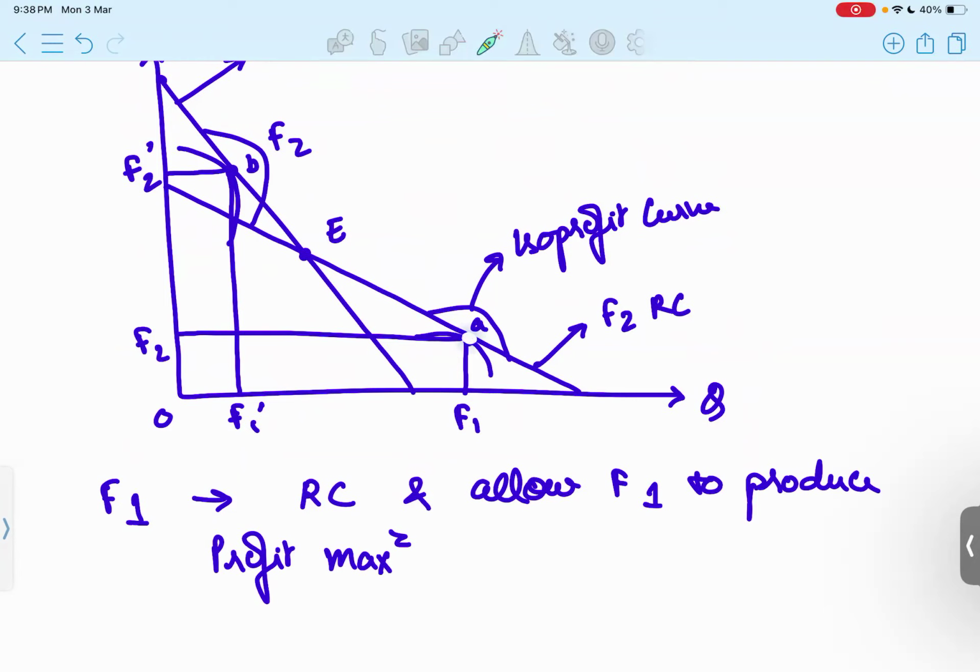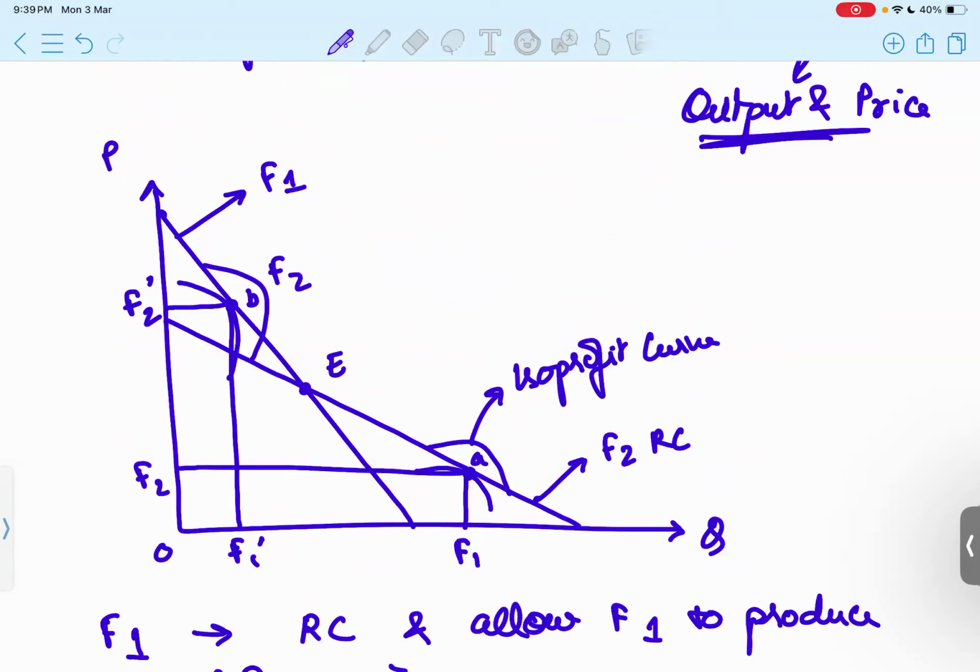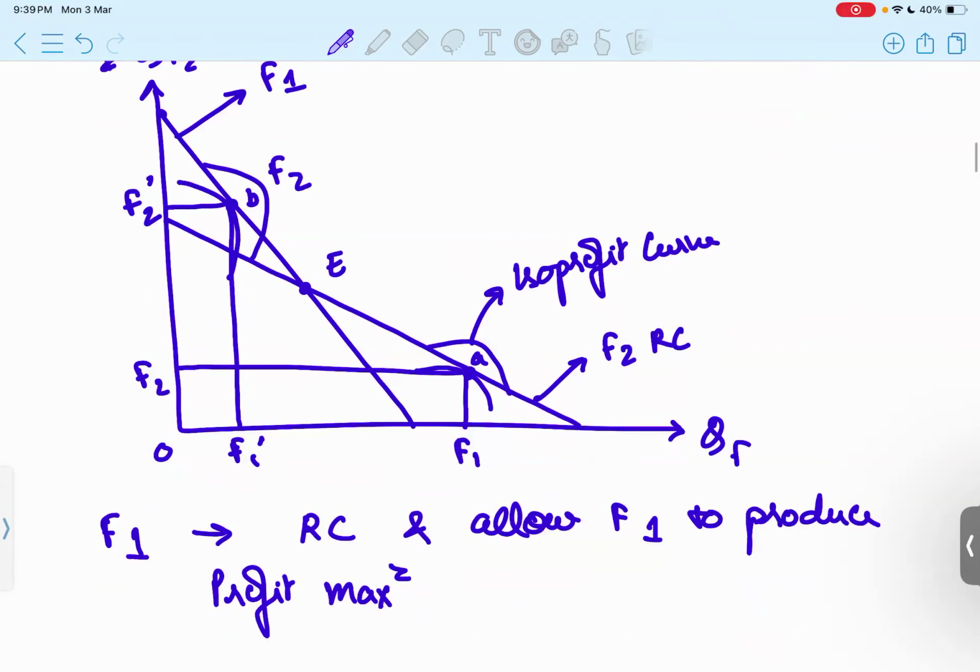This point represents the equilibrium because its isoprofit curves, you can see, are the nearest to the x-axis, which is denoting the output of firm 1. So instead of the price, it would be the output of firm 2 here. This is for firm 1.